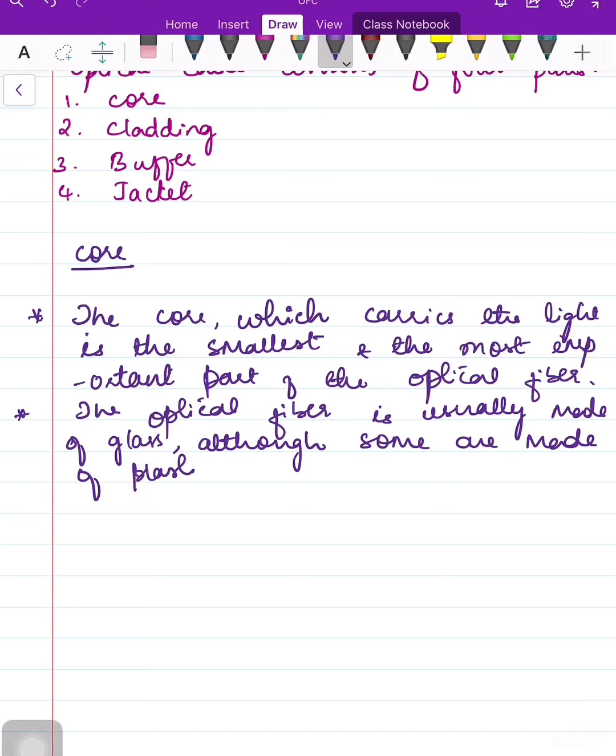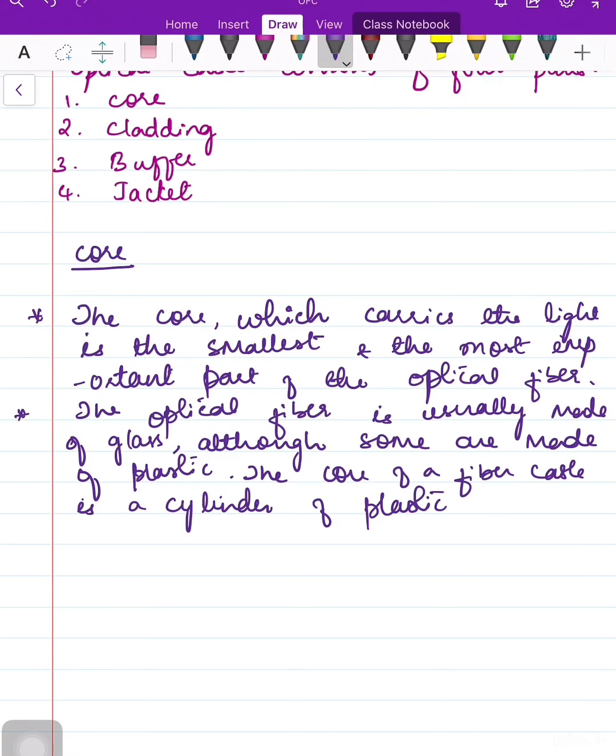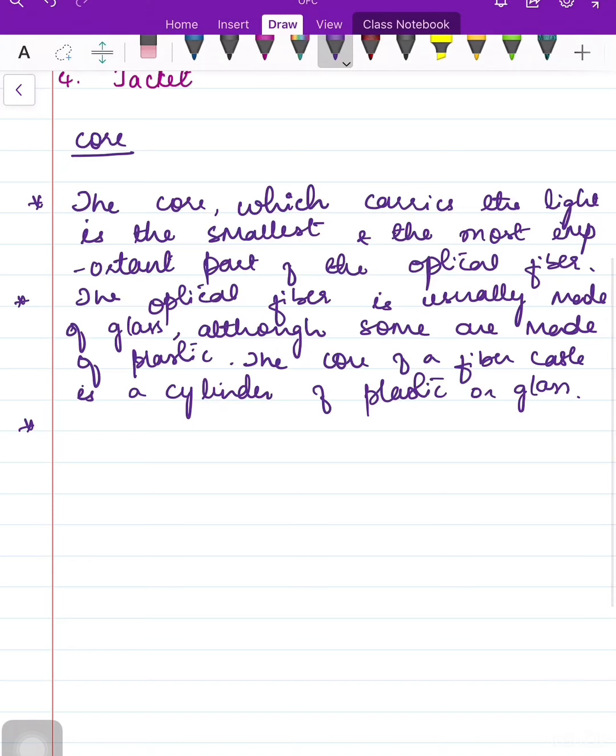Usually optical fibers are made up of glass or plastic, and the core of the fiber is cylindrical. The core of a fiber cable is a cylinder of plastic or glass. Clear? Yes.